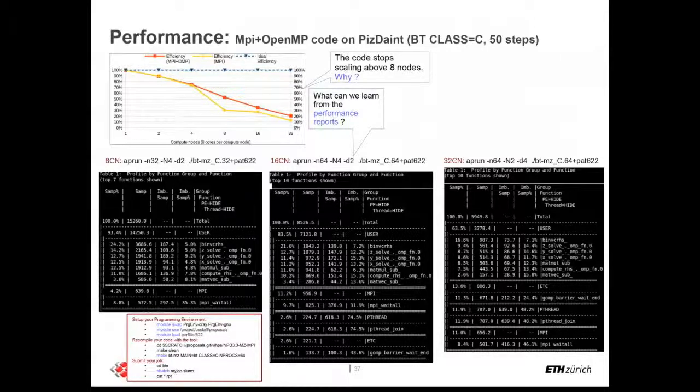So here I've put a snapshot of the report that you will get for 3 different job sizes. The first one on 8 compute nodes, 16 compute nodes, and 32 compute nodes.